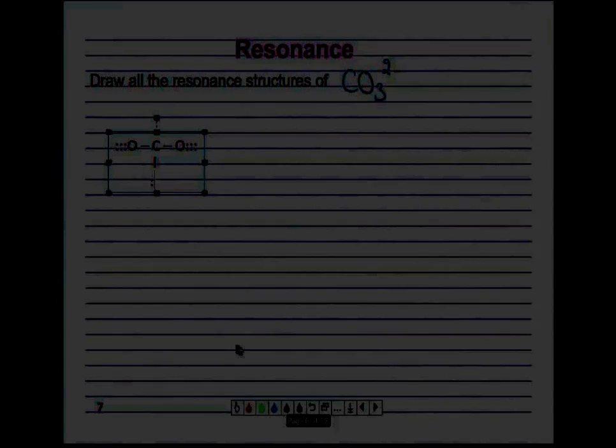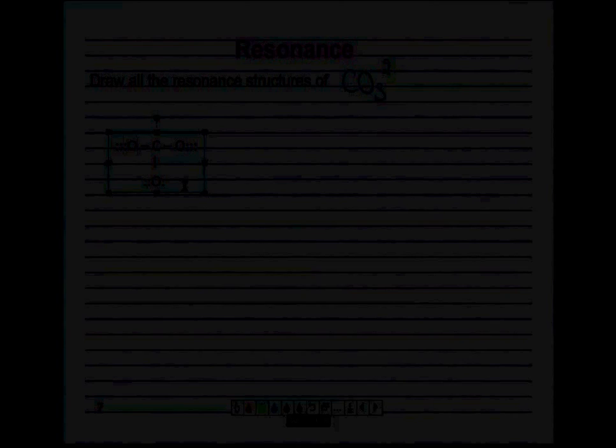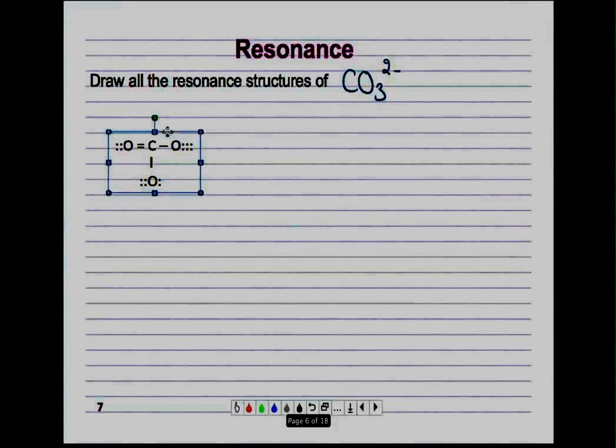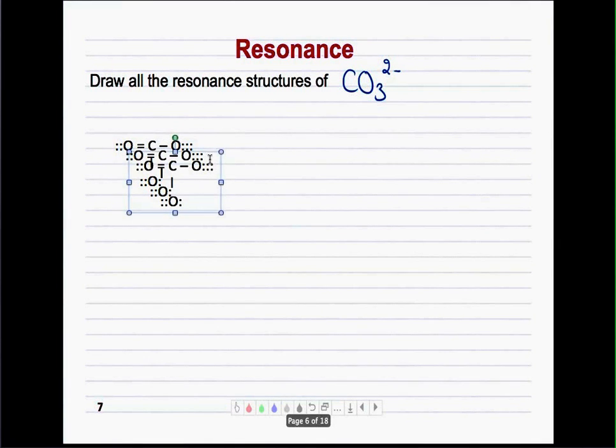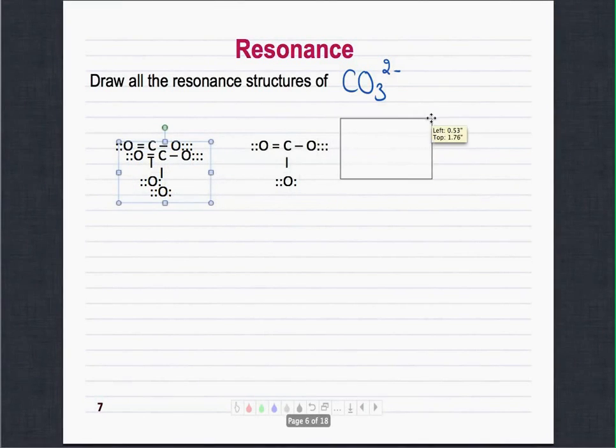Okay, now definitely all the oxygens have the octet, yet the carbon clearly doesn't have the octet. So now usually we say, okay, borrow 2 electrons from the terminal atom, which is in this case the oxygen. Now, the choices are many. I can borrow the 2 electrons from this oxygen, the blue oxygen, or the red oxygen, or the green oxygen. Which is the right one? They are all right, and that's the right answer.